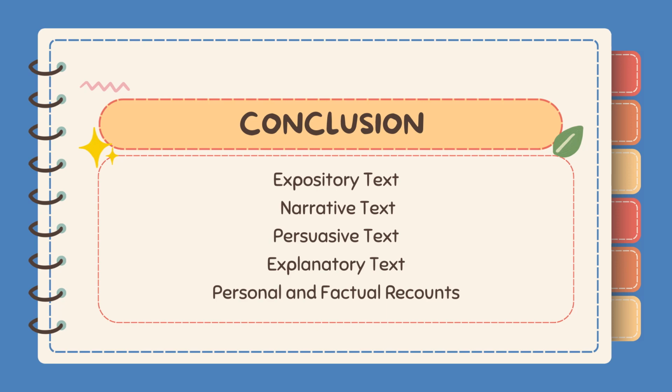Narrative text tells a story or part of a story. Persuasive text intends to convince the reader that the writer's opinion is correct. Explanatory text is a type of nonfiction text that explains a process. And personal and factual recounts describe past experiences by retelling events in the order in which they happened.